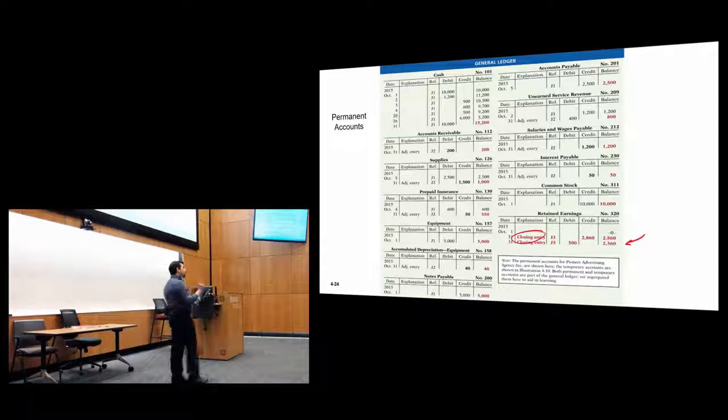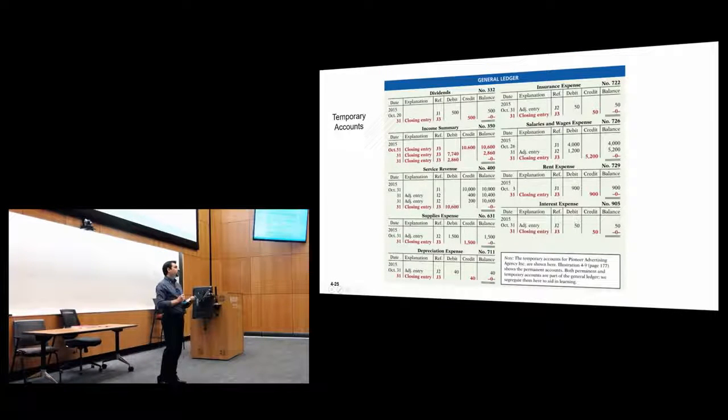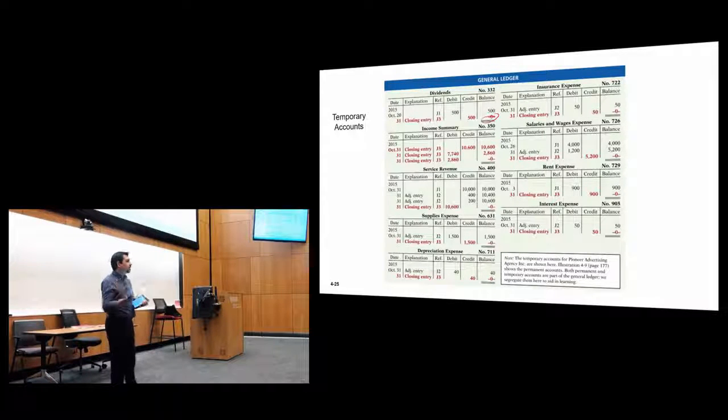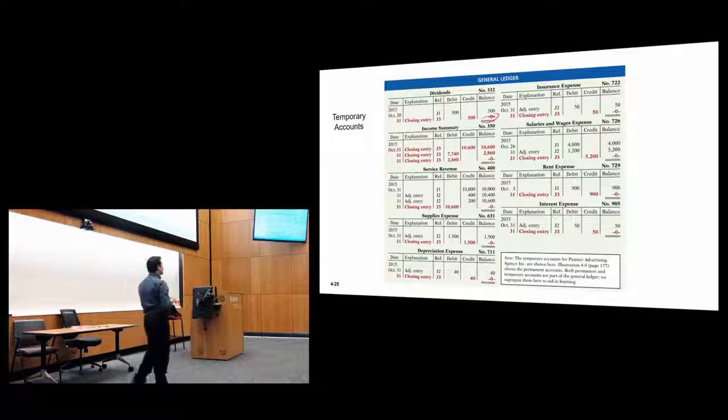Remember, you only have two that show up on the permanent account retained earnings. This is where we close income summary and dividends. And then all the temporary accounts have zero balances. So all temporary accounts, that is, all the expenses and all the revenues and dividend accounts, will all have zero balances. This is why we call them the temporary accounts. Any questions about that?